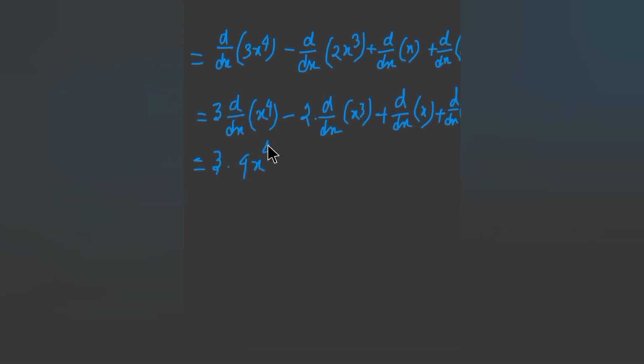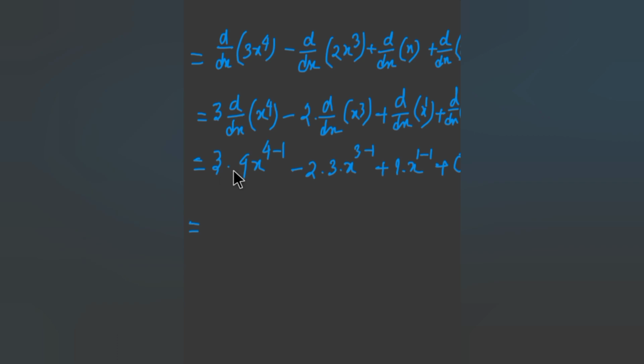4x to the power 4 minus 1, minus 2, here x to the power 3, that means 3 into x to the power 3 minus 1, plus, we know that here the power is 1, so we can write 1 into x to the power 1 minus 1, plus, and here there is no variable, so 8 is a constant, so the result of this portion is 0.